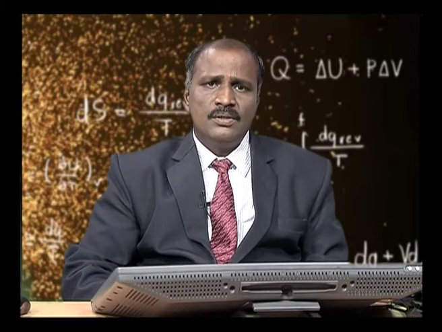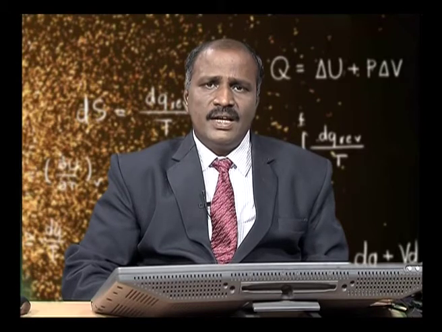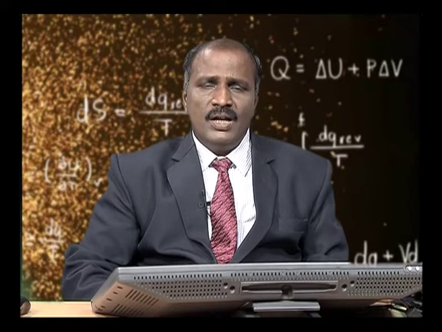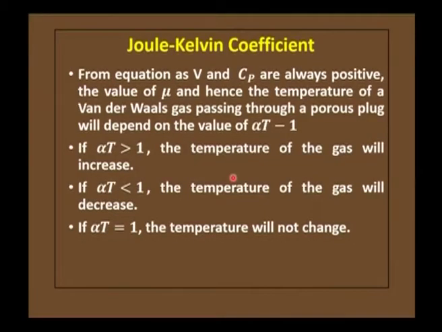So, from this equation, as V and Cp are always positive, the value of mu, and hence the temperature of a van der Waals gas passing through a porous plug, will depend on the value of alpha T minus 1. Therefore, alpha T minus 1 is a prominent parameter in determining the temperature of the gas.